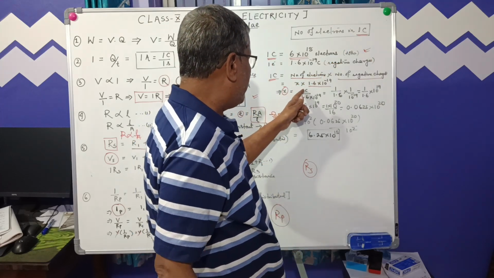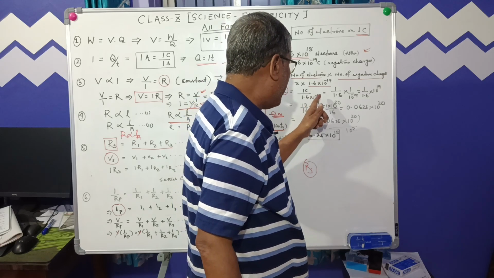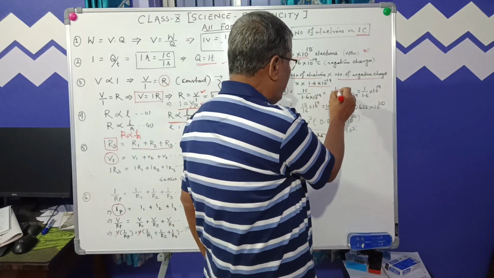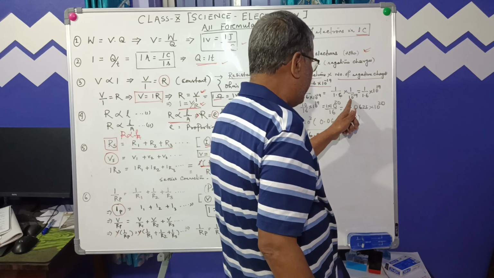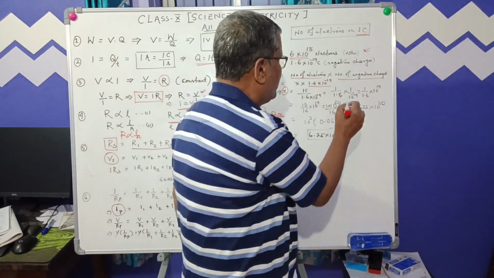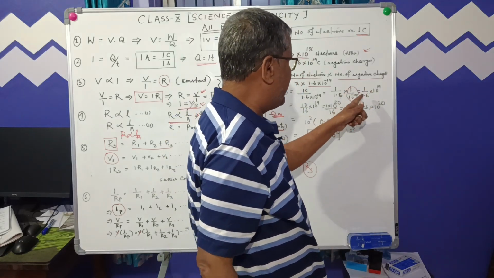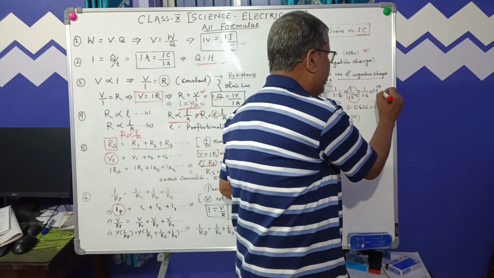So x is equal to 1 by 1.6 into 10 power minus 19. That is equal to 1 by 1.6 into 1 by 10 power minus 19. This is in exponent form, so we can write 1 by 1.6 into 10 power 19.